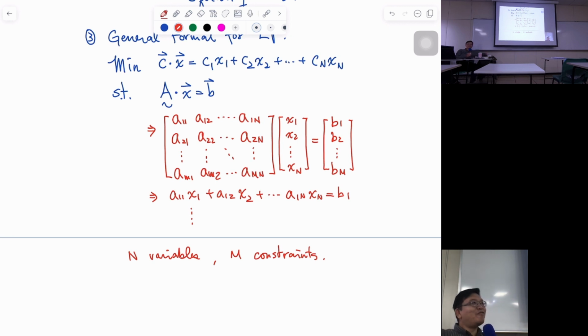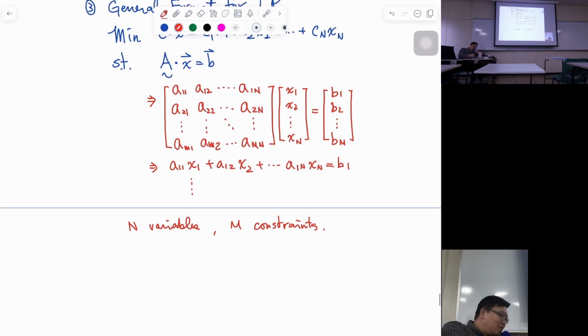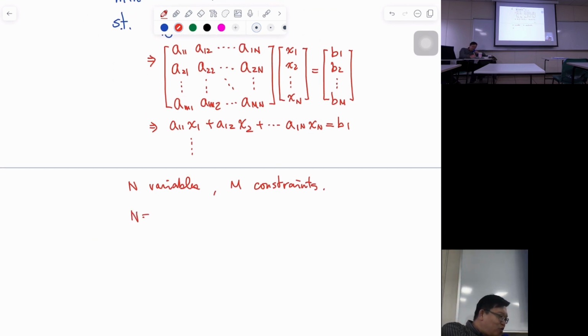If you have n variables and n constraints, you only have one solution if it's solvable.